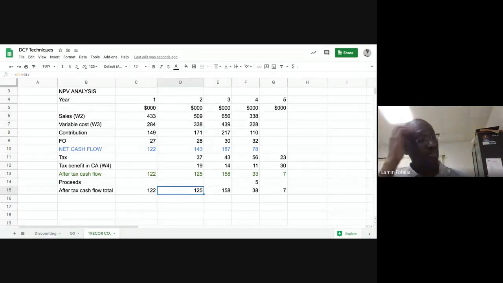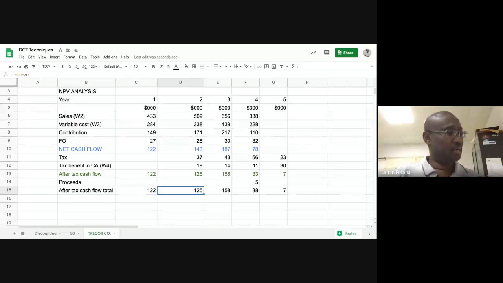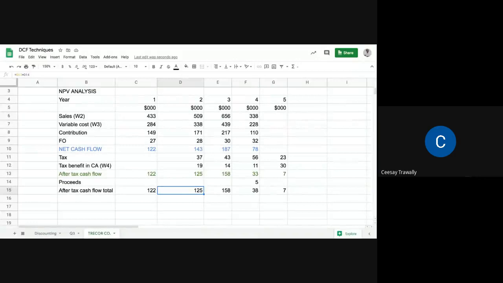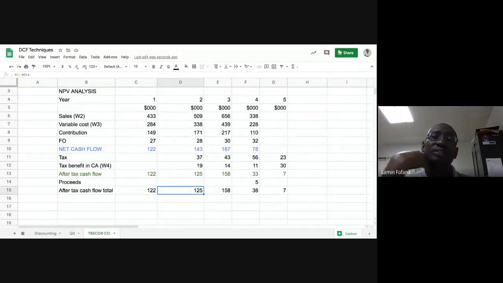And our discount factor is not given to us on a plate. So we have to look for it. No, I'm talking about before we do our discounting, we have to use a discounting factor.